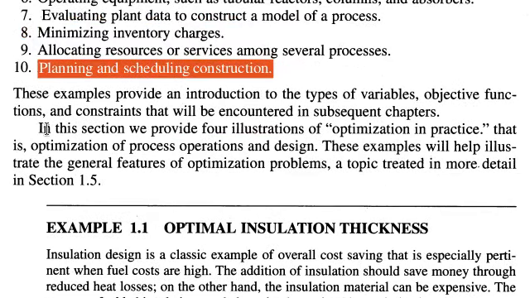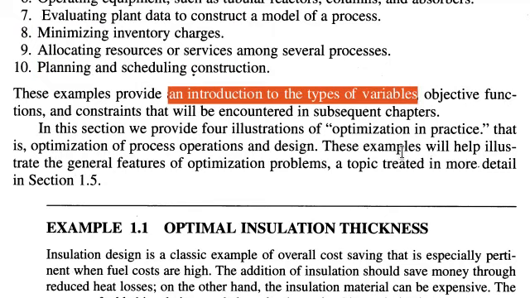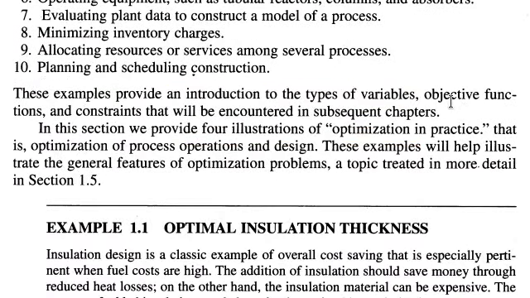So these examples provide an introduction to the types of variables. You can see how many types of variables there are that you have to optimize. An objective function and constraints, all these things we will learn as our course goes ahead. This gives you a very important thing: the type of variables, how many variables there are in your process, and what objective function, what function you have to optimize.